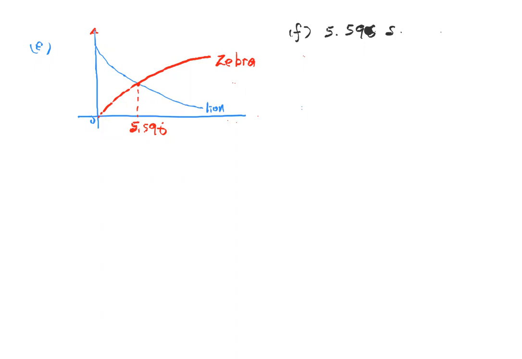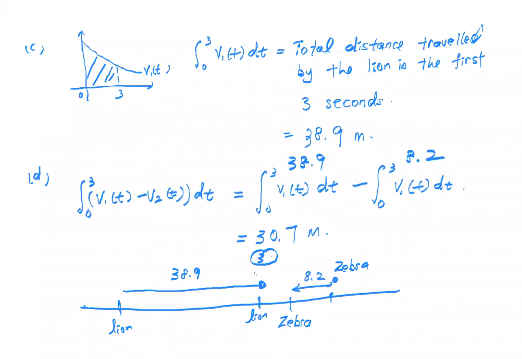So that one you can try to do. Okay, did the lion catch the zebra? If not, how close did the lion get? So what you need to do is repeat this part. Instead of integrating from 0 to 3, now you integrate from 0 to the time whereby they are closest. Can or not?